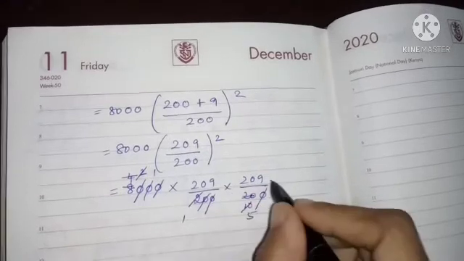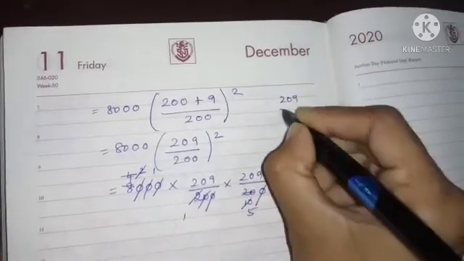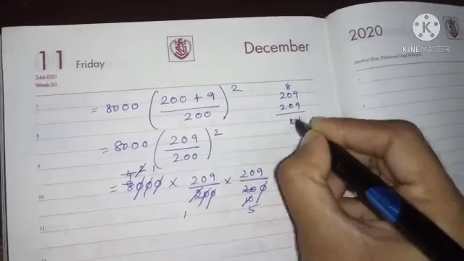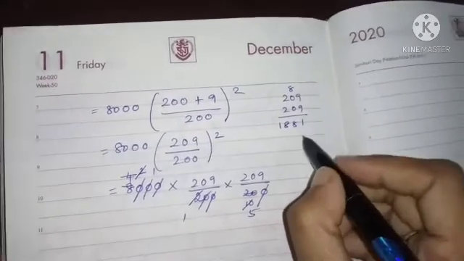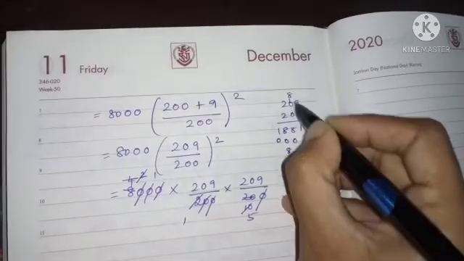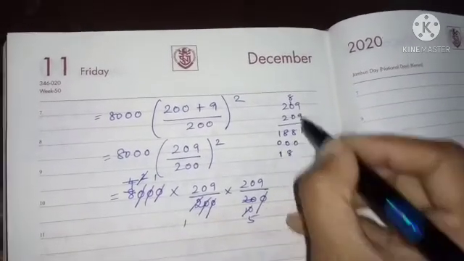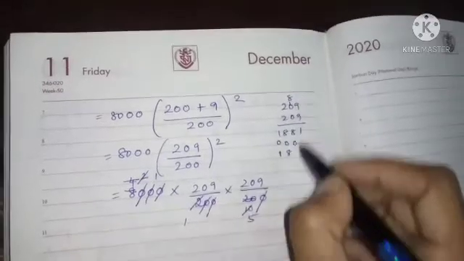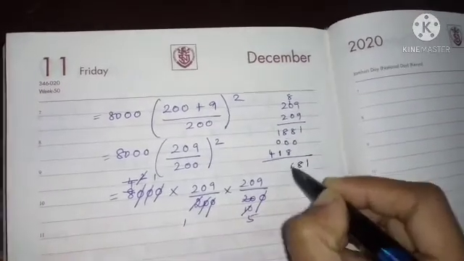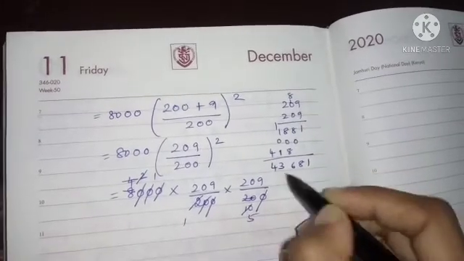Okay, now 209 into 209. 9 9s are 81, 8, 9 2s are 18, 0, 8 2s are 16, 2 are 1, 8 2, 9 2s are 18, 1, 2 2s are 4, 1, 8, 16, 1, 3, 4.